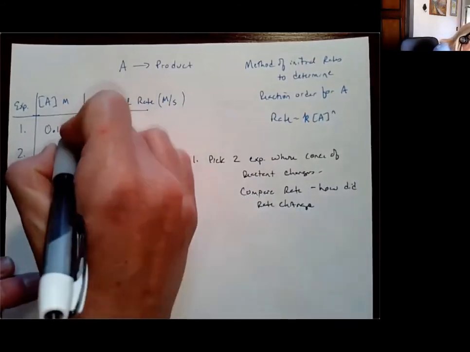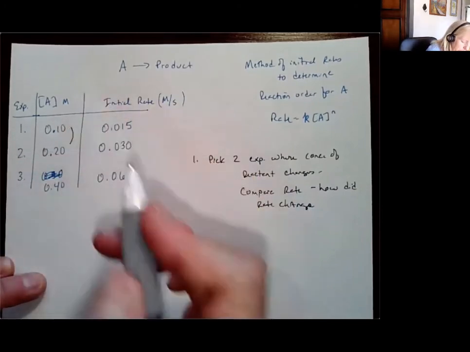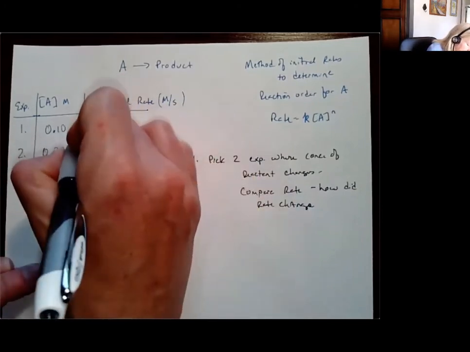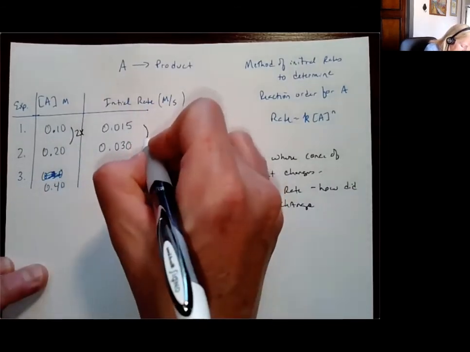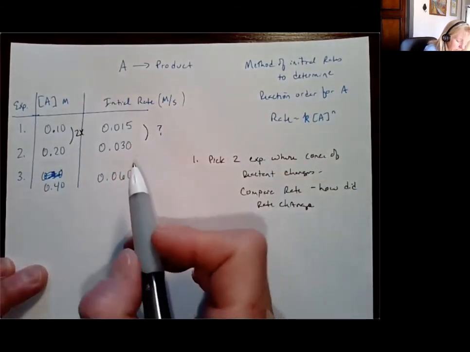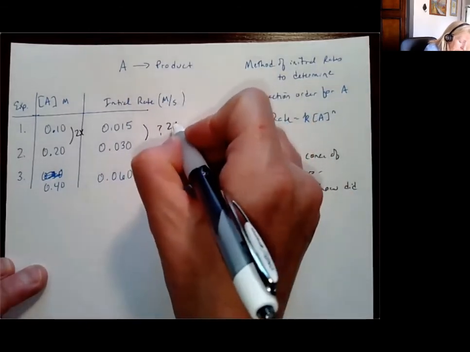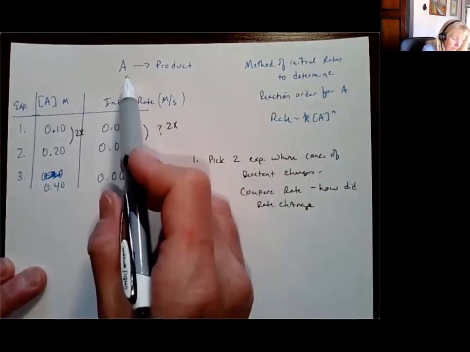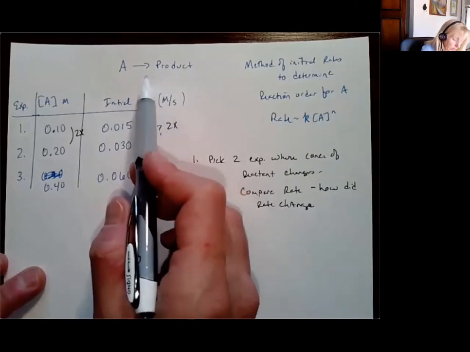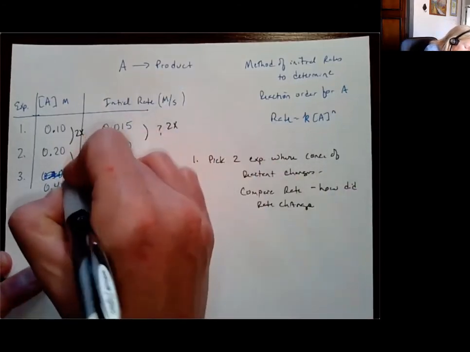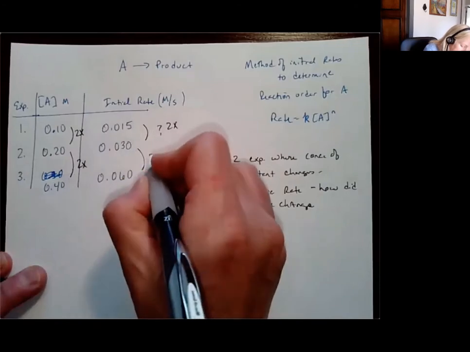So here I might pick 0.1 to 0.2, that's a factor of 2. So I doubled. I might look at my rate here and ask, did the rate double? The rate also doubled. So that means that this is going to have a direct effect. As I double this, I double the rate of this reaction. If I look at this, I double this, I double this.